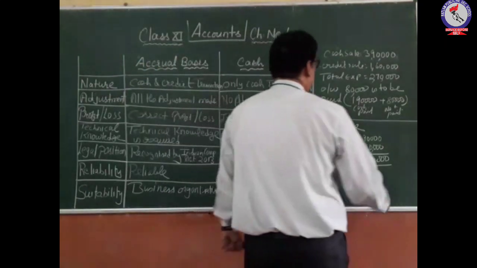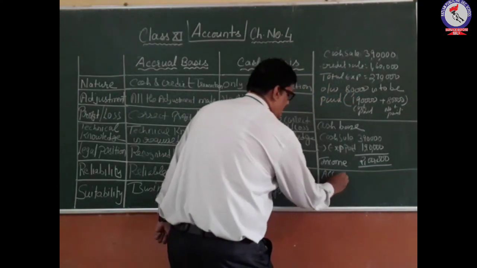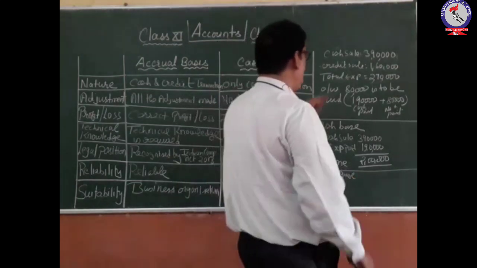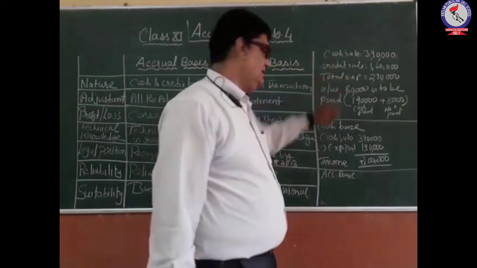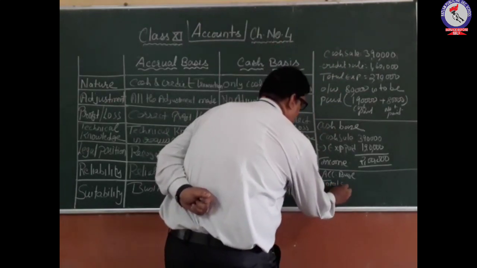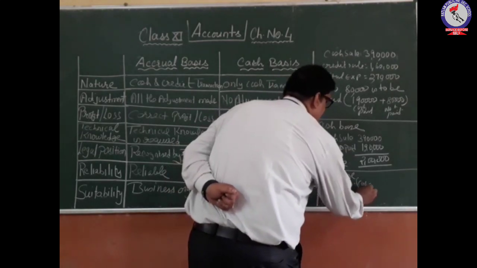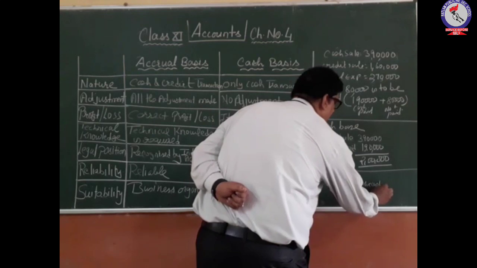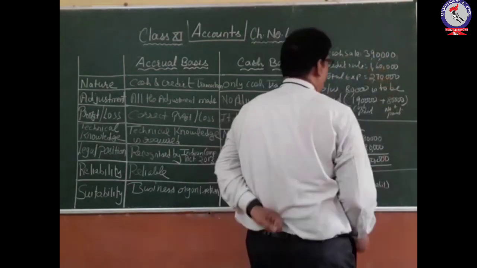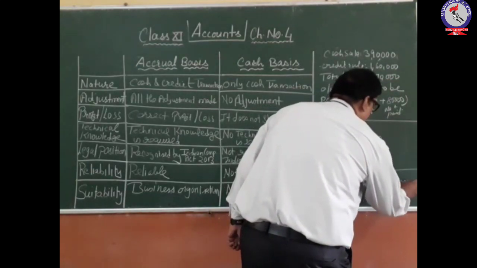Okay. Now let us check this thing with accrual base. So when we are talking about accrual base, it will include cash sale and credit sale, both. So there will be total sale, which means cash plus credit. So both sales will be counted. So 390 and 160, that becomes 5,50,000.